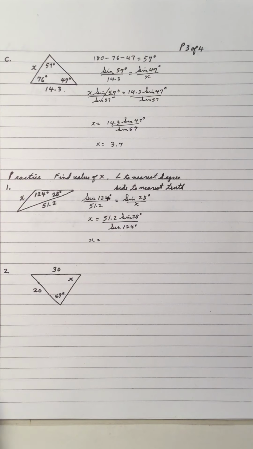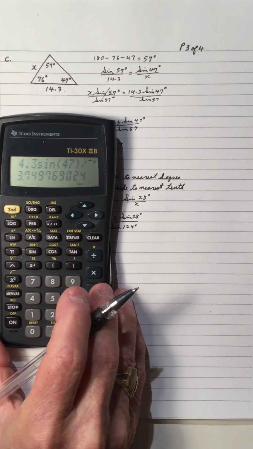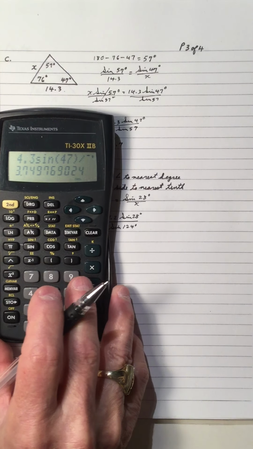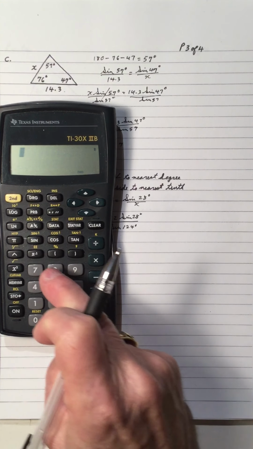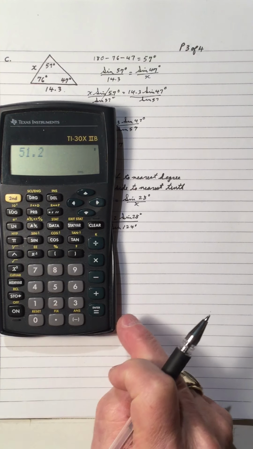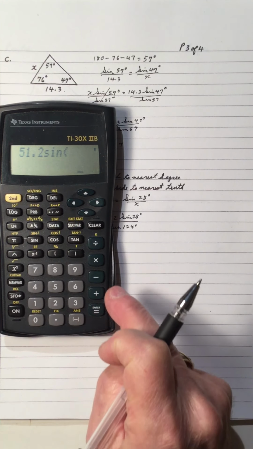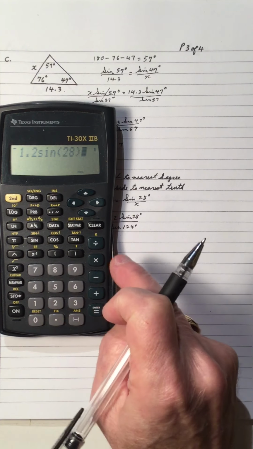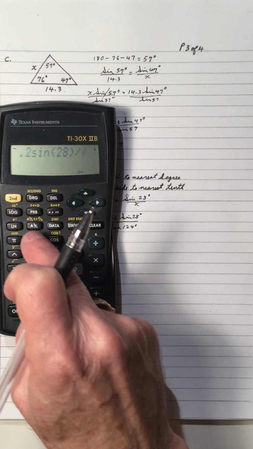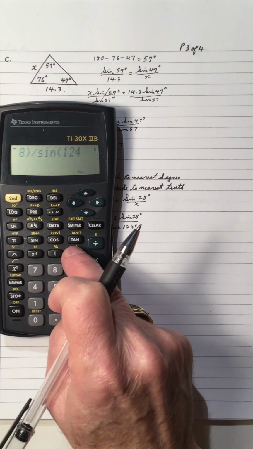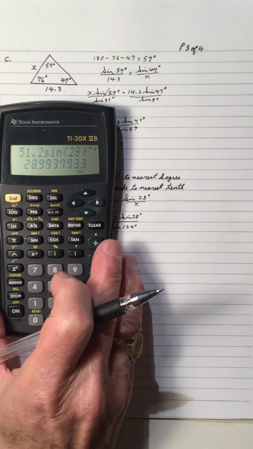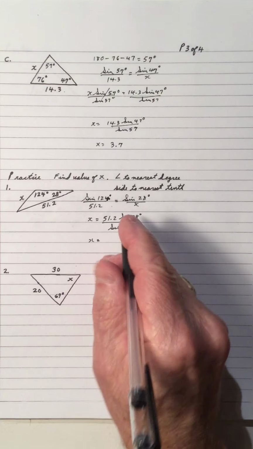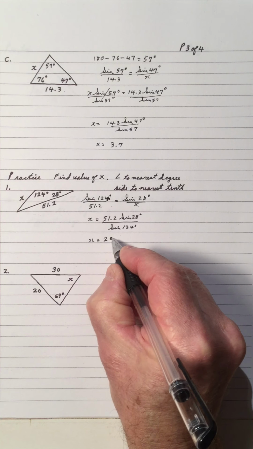And that works out to be, let's see, 51.2 sine of 28 division sine of 124. And we get 28.99. So to the nearest tenth, it's 29.